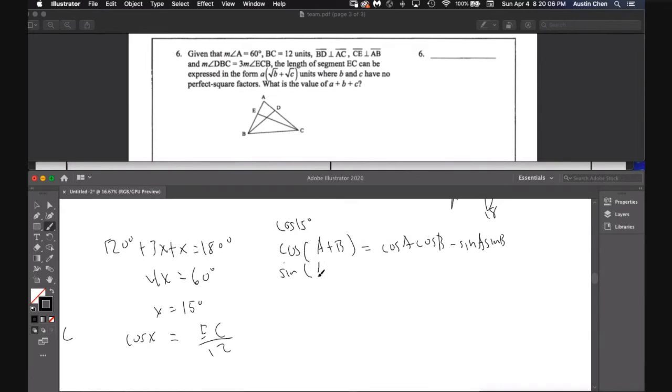It is sine of A plus B is sine of A cosine of B plus sine of B times cosine of A.